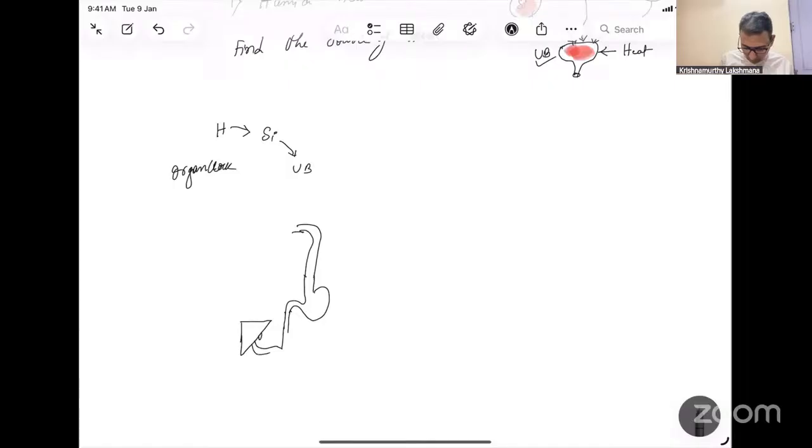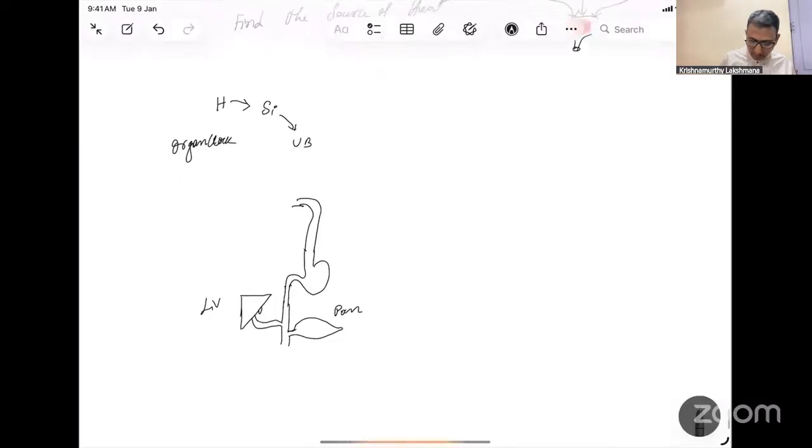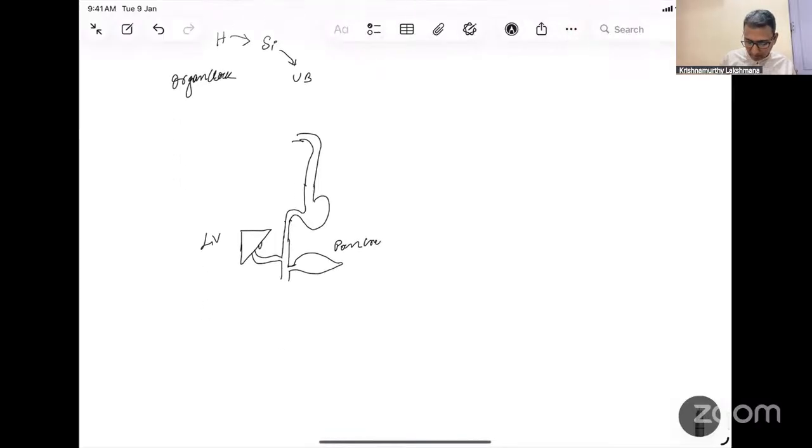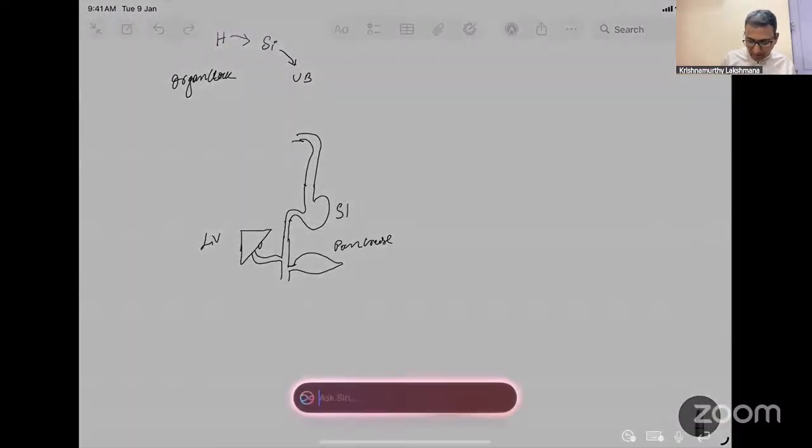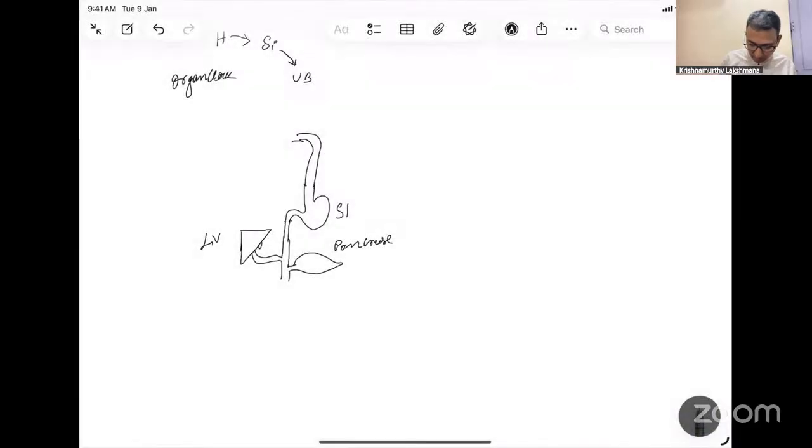So things from the liver will also get in. And then things from your pancreas. So there is heat in stomach, and next to it is spleen.